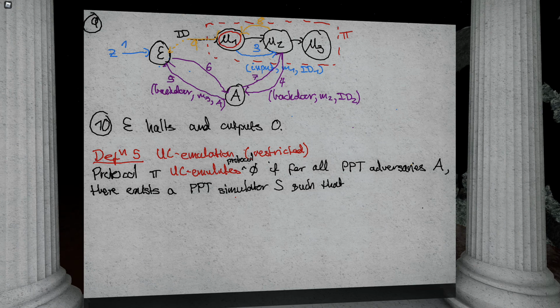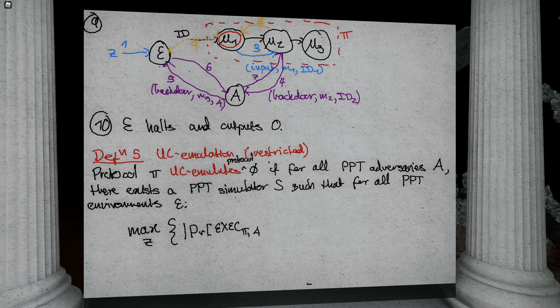Okay, such that for all PPT environments, one more layer, E, the maximum over all possible inputs of the probability that the execution of protocol pi with adversary A and environment E on Z equals 1, say it's a bit, minus the probability that the execution on protocol phi with the simulator and the same environment on the same input equals 1, is negligible in the length of the input.